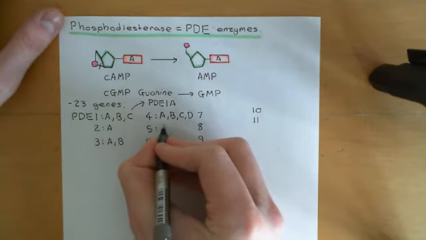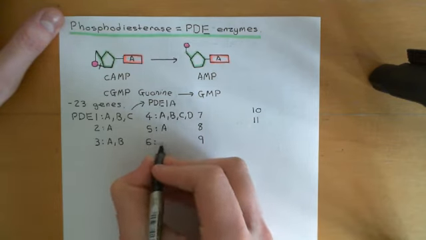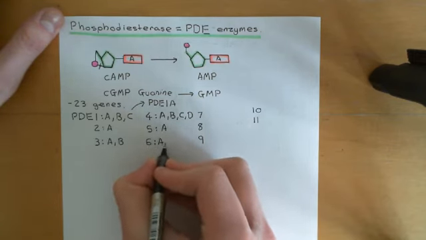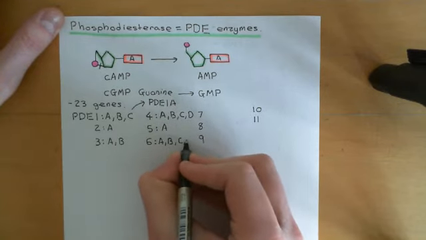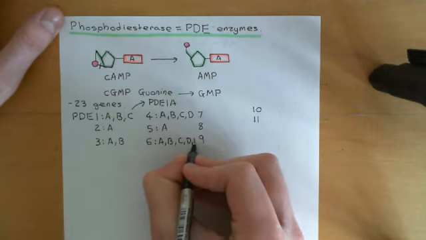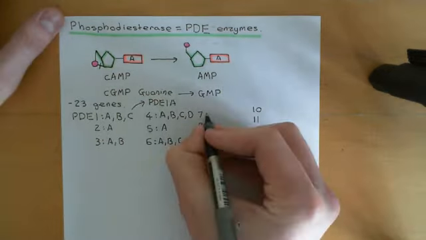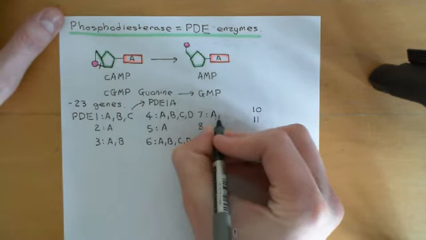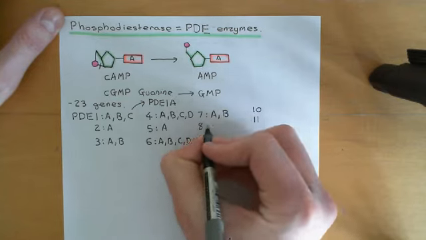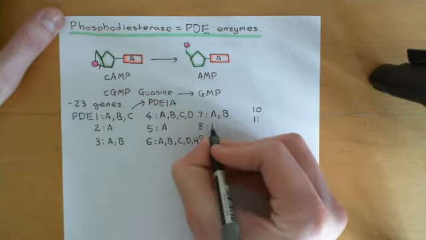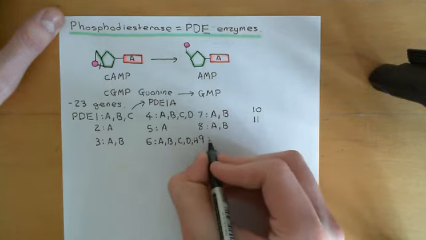Phosphodiesterase 5 family then has 1 member called phosphodiesterase 5A. Phosphodiesterase 6 family has 5 members called phosphodiesterase 6A, 6B, 6C, 6D, and 6H. Phosphodiesterase family 7 has 2 members, phosphodiesterase 7A and phosphodiesterase 7B. Phosphodiesterase family number 8 has 2 members, phosphodiesterase 8A, phosphodiesterase 8B.